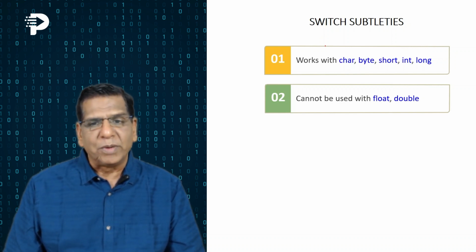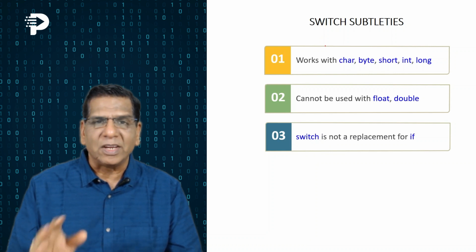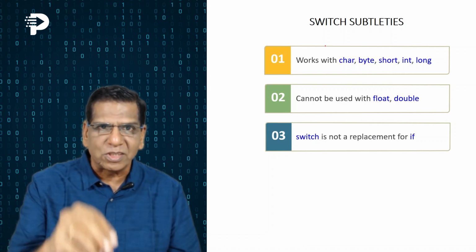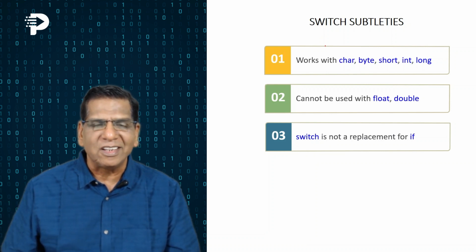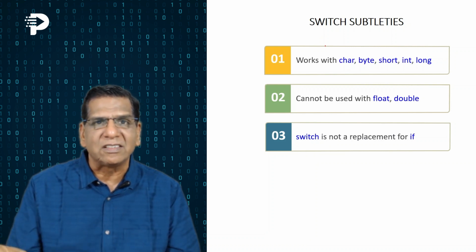Thirdly, even for a moment, don't believe that switch is a replacement for if. No. If is much more versatile. If can check whether A contains 1.5, 2.5, 3.5. It can also check whether A contains 10, 20, 30. It can also be used to check ranges. I can say if CH is less than equal to 60 or CH is greater than equal to 75.